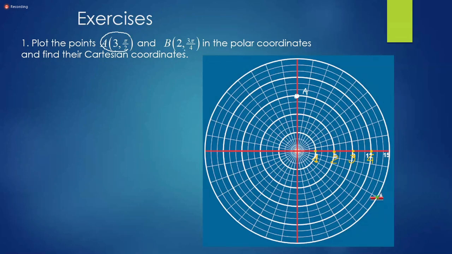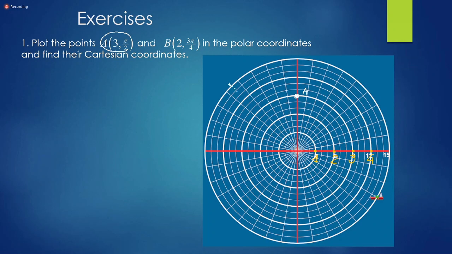Similarly for B, distance 2, but the angle is 3 pi over 4, that's 135 degrees. It looks like this is every 10 degrees, so 45 degrees would actually be this direction.